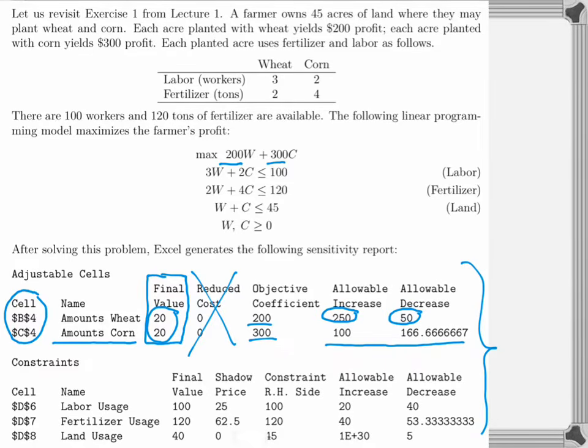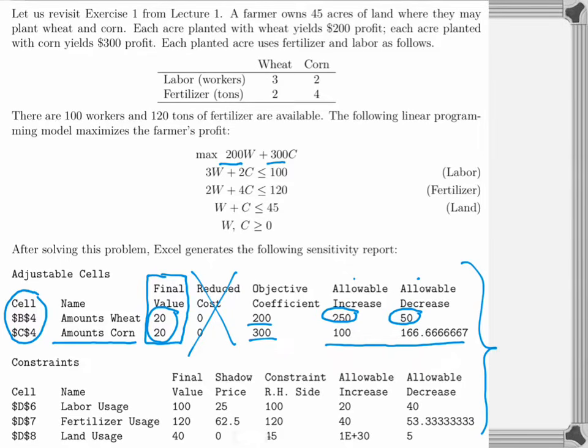So as long as the profit of wheat is between $150 per acre and $450 per acre, assuming all other numbers in the problem stay the same, the best course of action would still be to plant 20 of each crop. So these allowables are basically telling you how robust the current solution is with respect to changes in the objective coefficients.